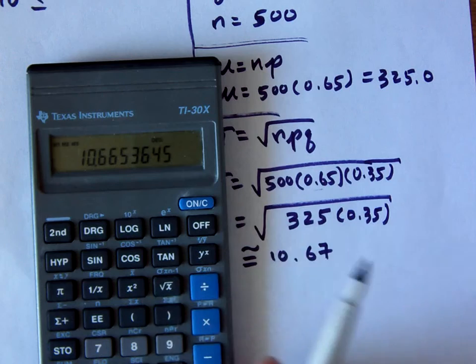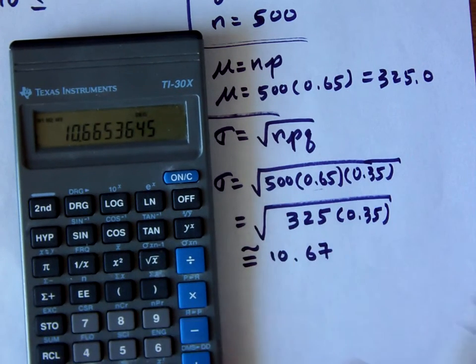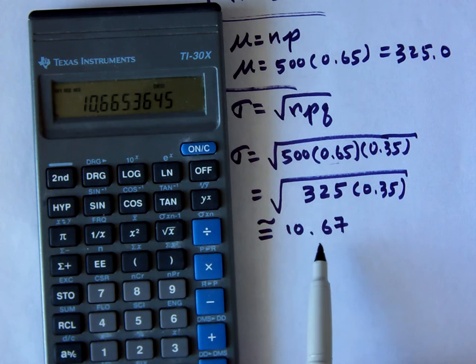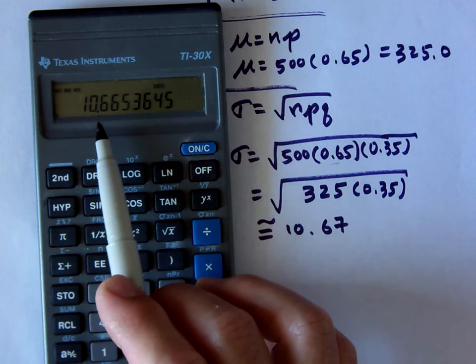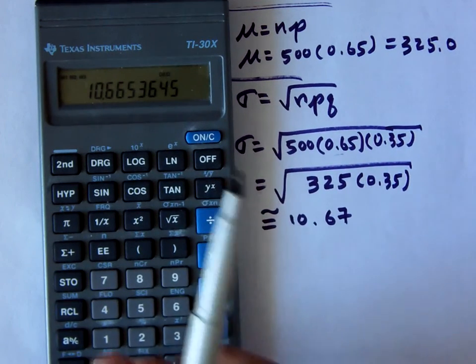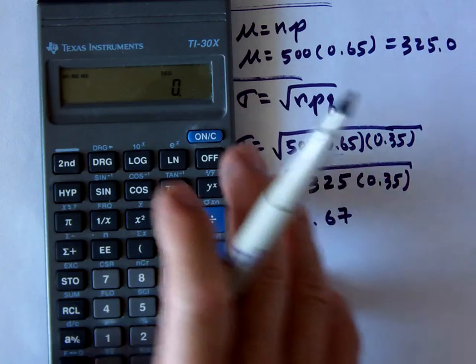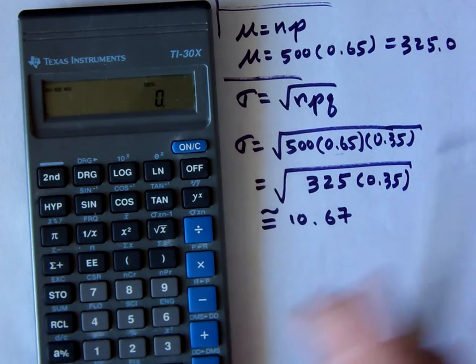One thing I forgot to do is enter these in my memory cells. Actually, there is a more accurate value, but I'll just enter 10.67. Let me start with the 325.